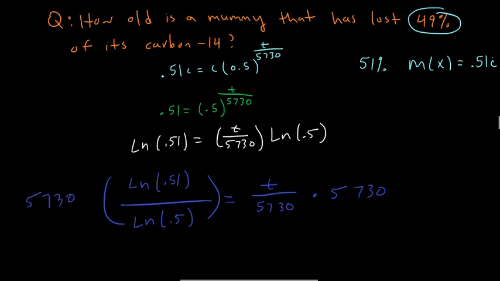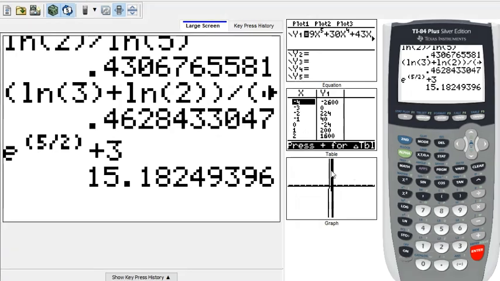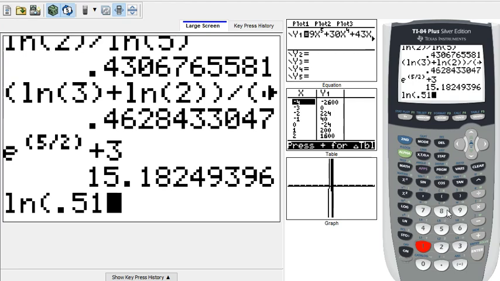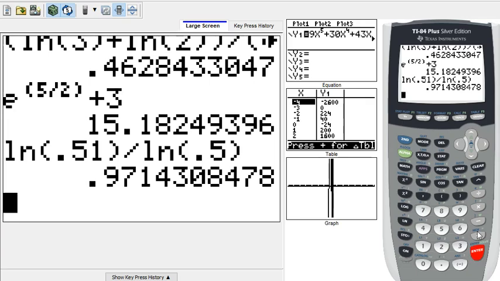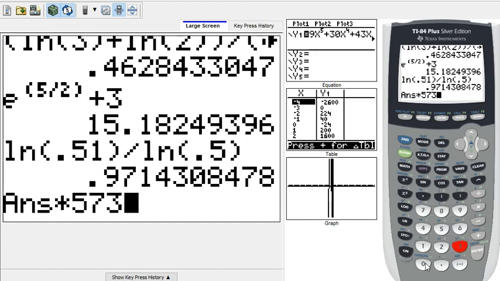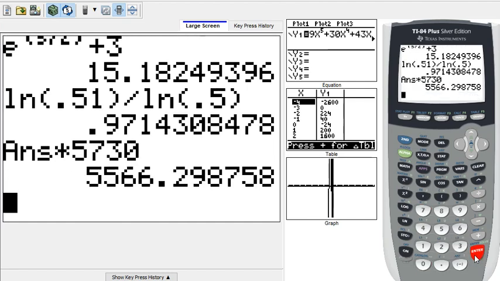So we're going to have to type that all into the calculator. So I might first do the natural log of 0.51 divided by the natural log of 0.5. That's going to give me some small number-ish, and I'm going to multiply that by 5,730.